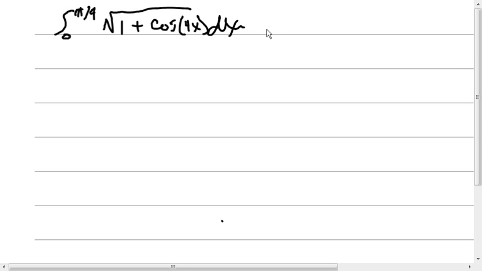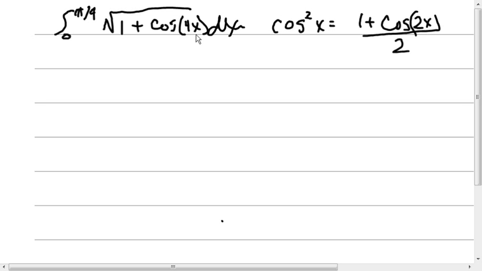If you remember our double angle rule, we had cosine squared of x is equal to 1 plus cosine 2x divided by 2.